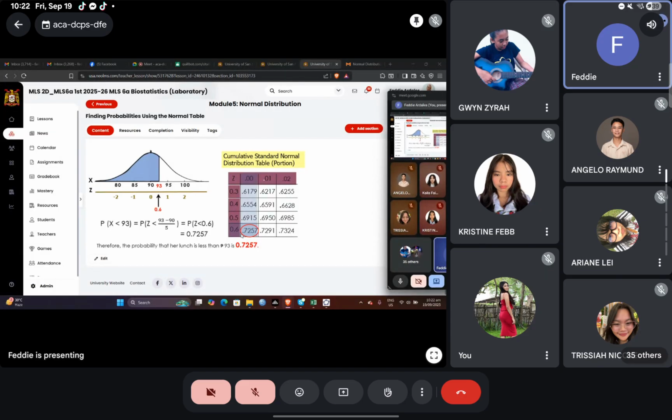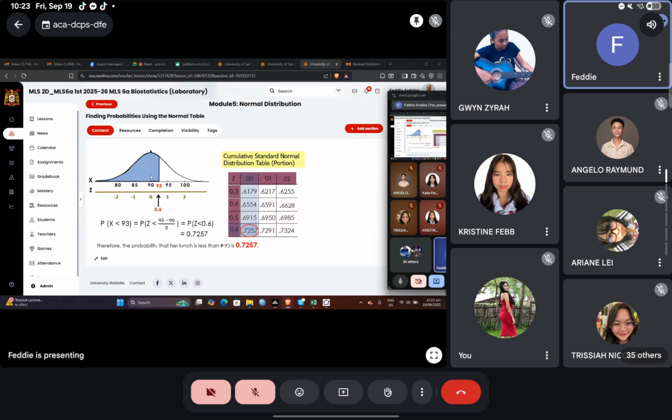So you add 0.5, since the shaded region passes through the mean, so you have to add another 0.5 if you are using the other table.